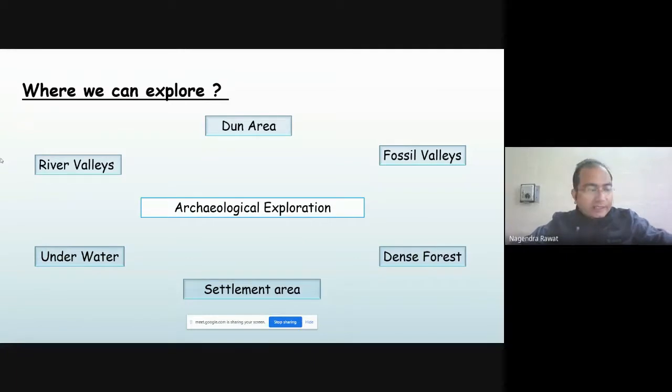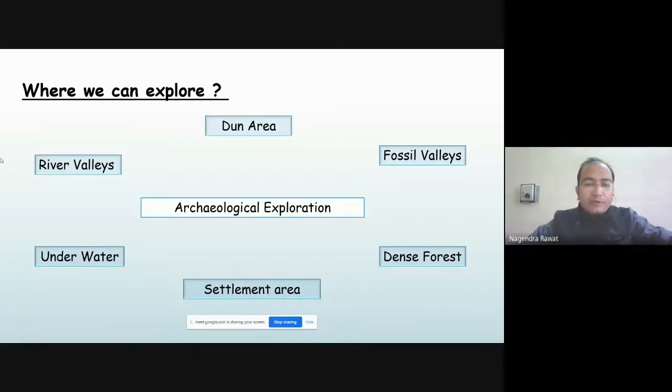Even in India, very limited research has been done in this direction, but we have very good research, particularly in Gujarat, in Dwarka. It all depends on your research questions, what particular issue you want to explore.